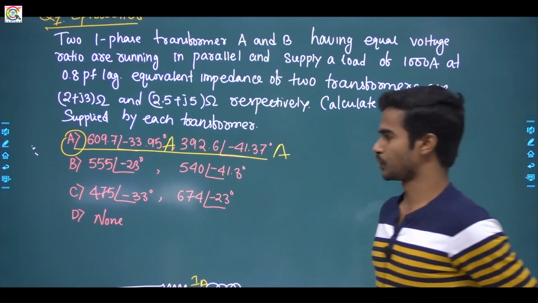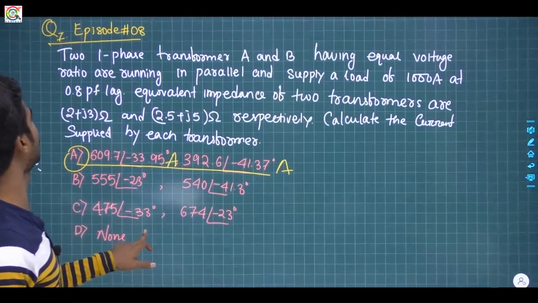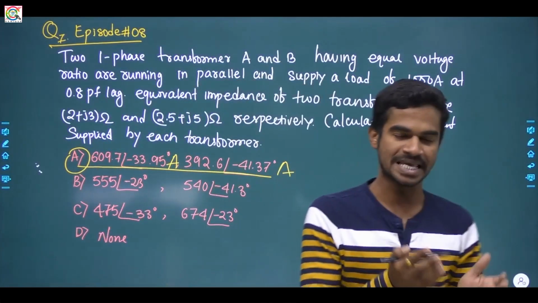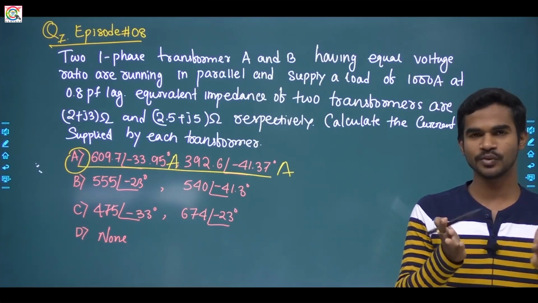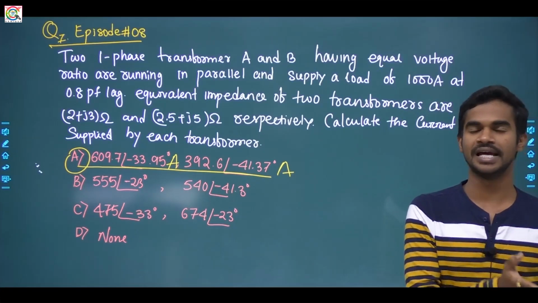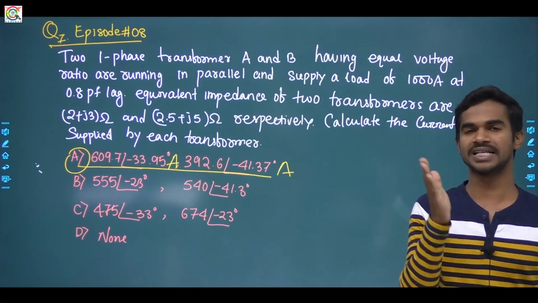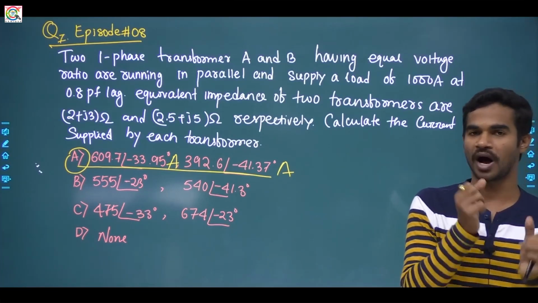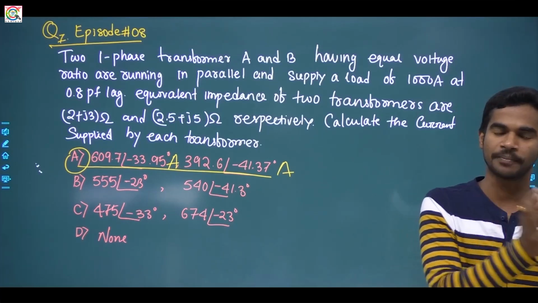Hope all of you understood this question. Till now we have covered 7 questions. We started with the basic concepts like MMF and the equivalent circuit of the transformer. Also we discussed some questions on testing, efficiency and voltage regulation, which together are the performance indices of the transformer.